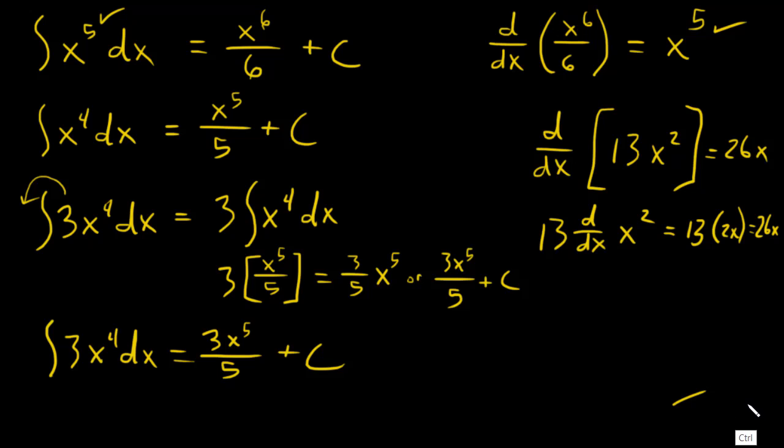So let's do the integral or antiderivative of, let's try 6x squared dx. Well, that's going to be 6x cubed over 3, and the 6 over 3 will reduce to 2x cubed.